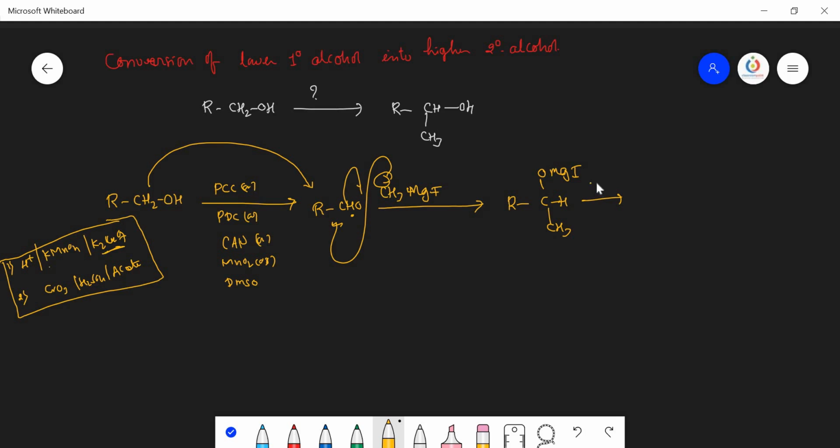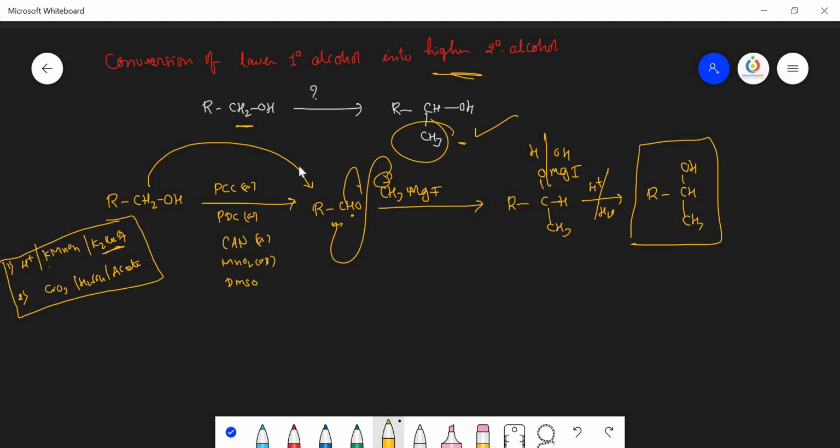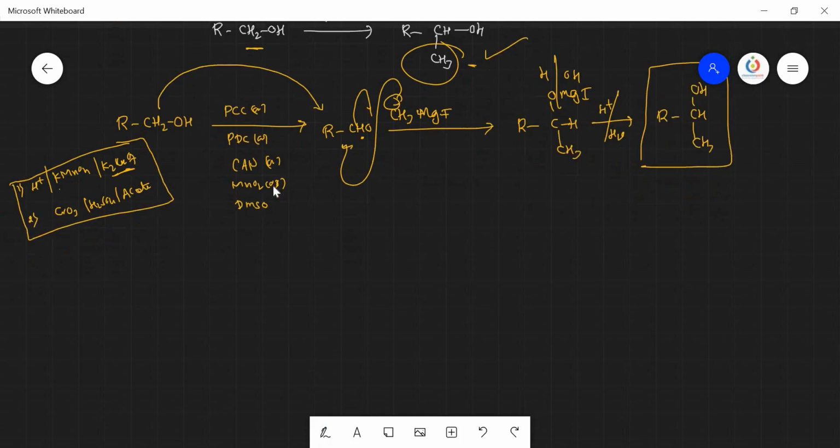Then H plus, H2O. So H this side, OH this side. So we get RCH(OH)CH3. Our required molecule has been achieved. Okay, so this is the primary alcohol into the secondary alcohol. Higher secondary alcohol means one extra carbon atom is there. That is called a higher carbon.